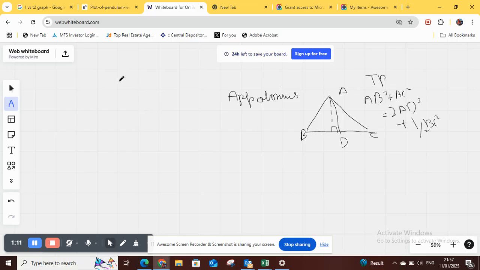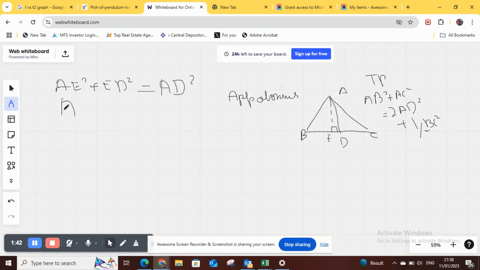So first, let's say this perpendicular is meeting at the point E. Let's say this is E. Now we will be using the Pythagoras theorem throughout it. We know that AE squared plus ED squared is equal to AD squared.